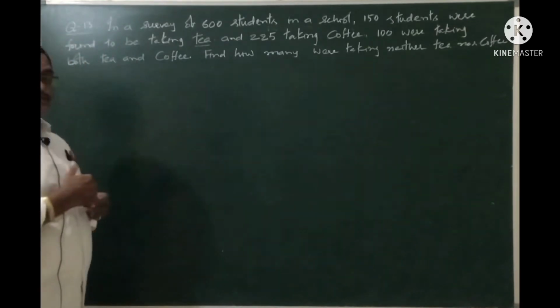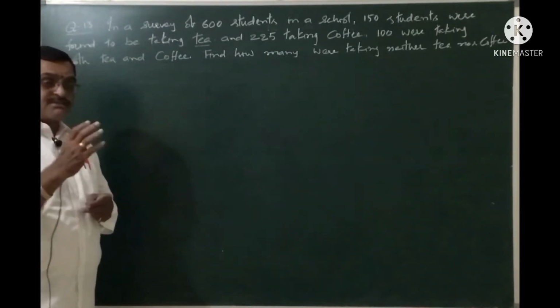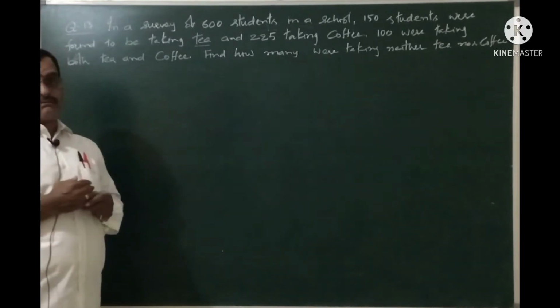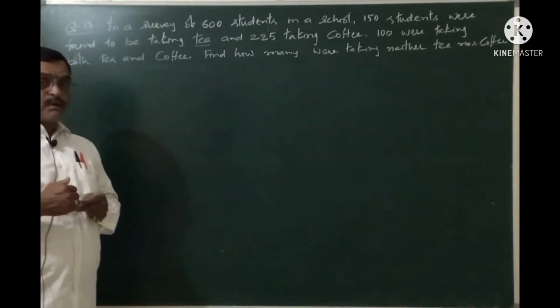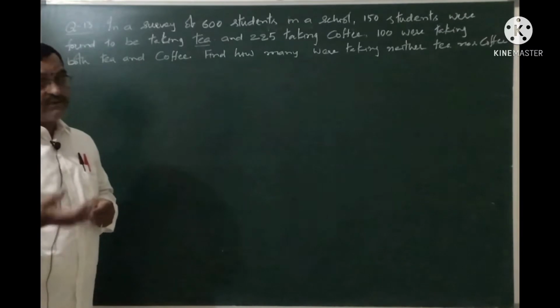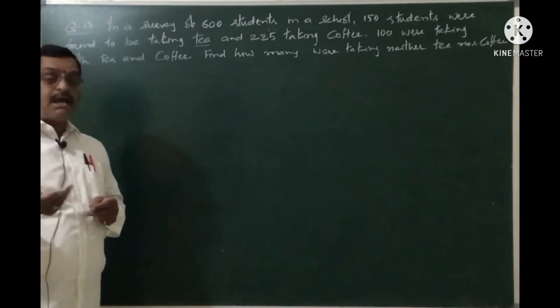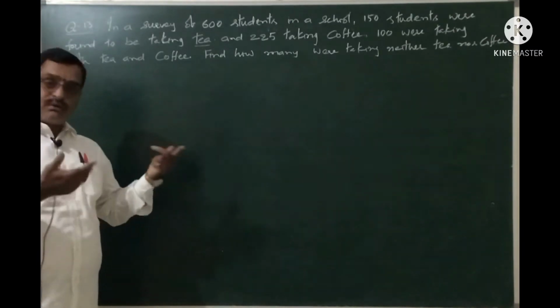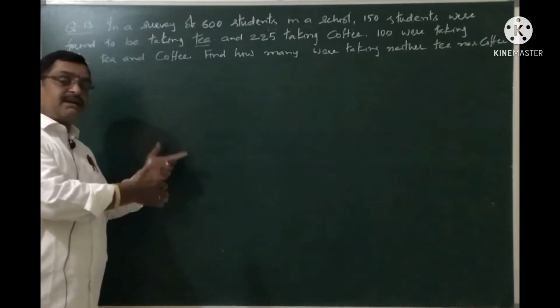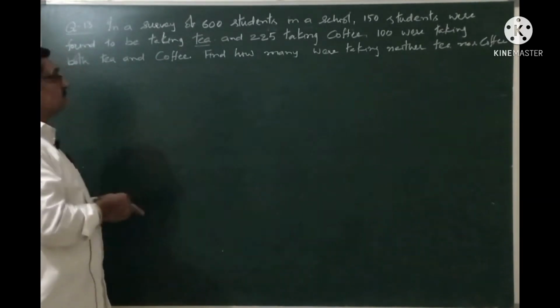Now, in this type of questions, what is the method? First, you have to write the information. Second, you have to understand what you need to find. Then we decide how to find. So let me write what is the information given in the problem.